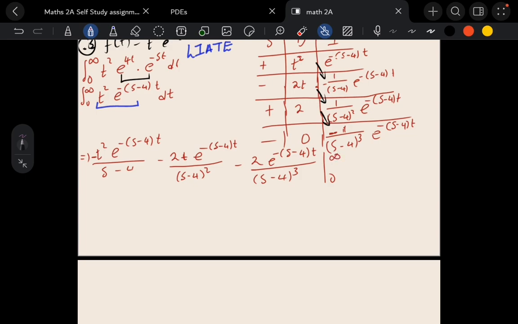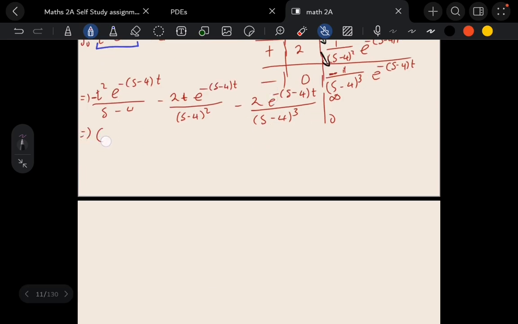You know exactly whenever you substitute infinity into one of these things, I'm going to get what? I'm going to get 0.